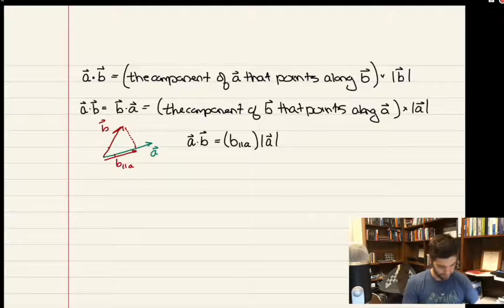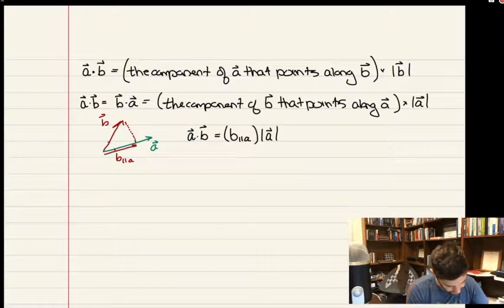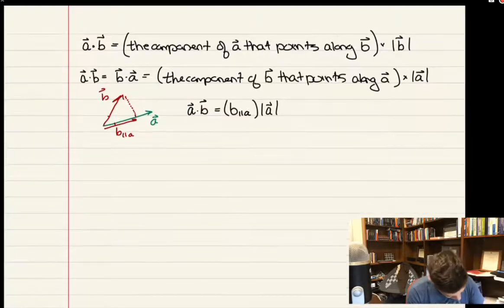Or similarly, let me redraw. See if I can redraw it exactly the same. Yeah, not really.